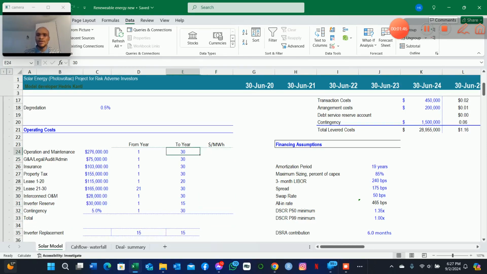And then the next thing we want to do is to account for the operational maintenance and all of the other operational costs here. This cost is going to impact revenue going forward, so we want to account for it in megawatt hour. It's very easy.